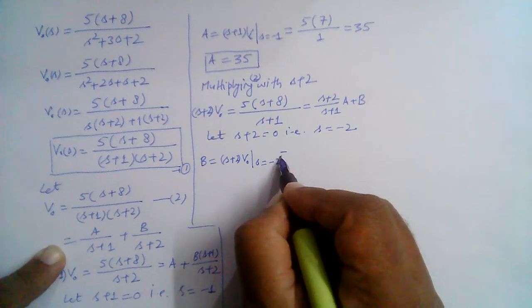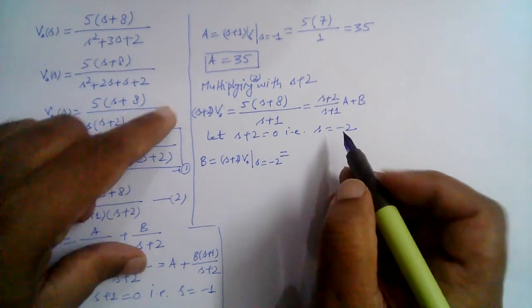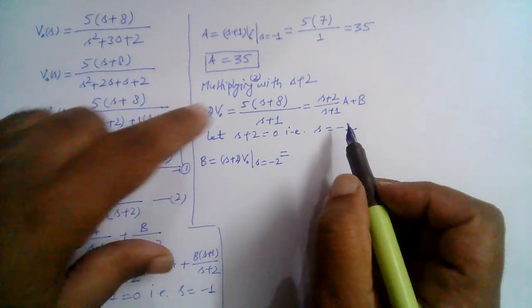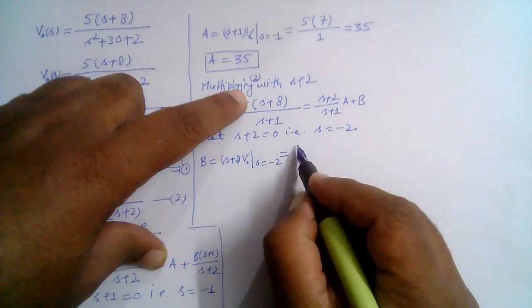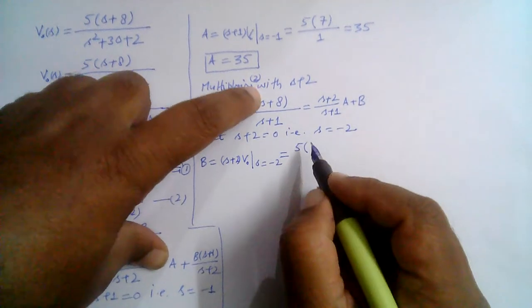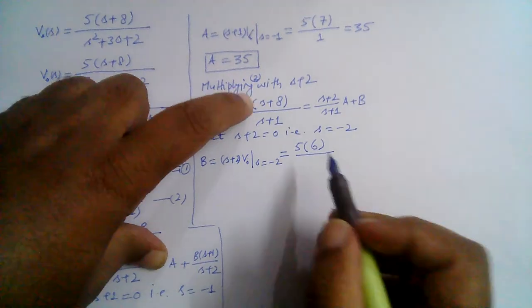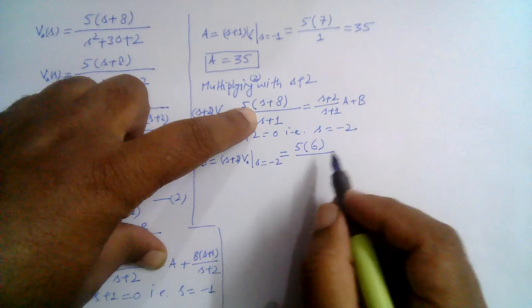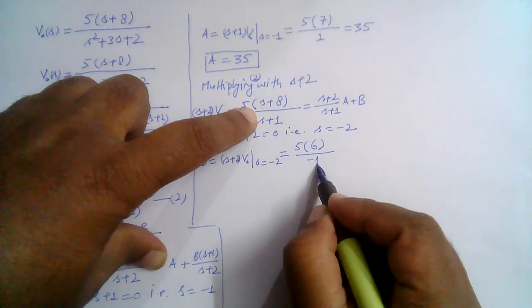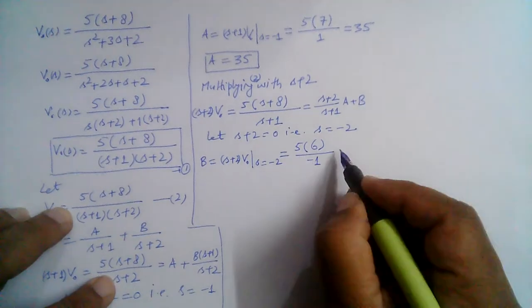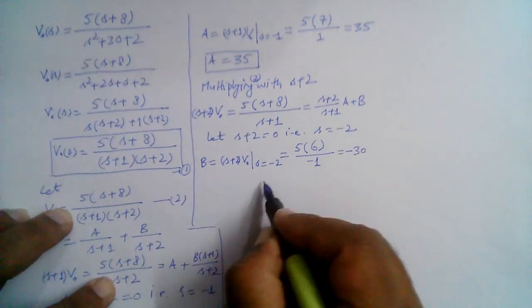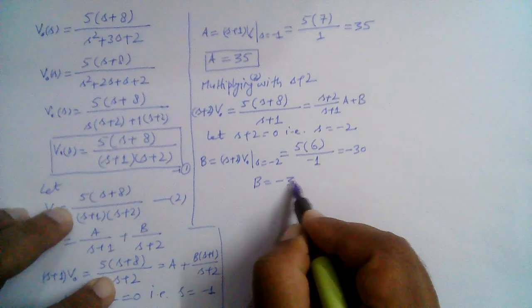Let's put s is equal to minus 2 here. So this will be 5 into 8 minus 2 is 6, and minus 2 plus 1 is minus 1, so that is minus 30.